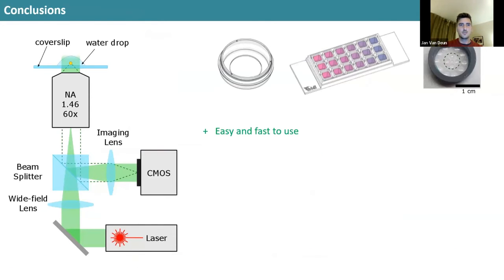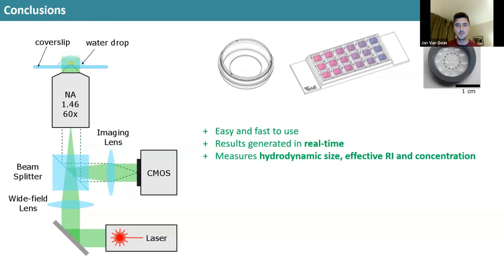All right, so just to summarize, the INTA is just as easy and fast to use basically as the NTA. Right now we get the results, or at least Vahid's team developed it so that we get the results in real time. It's also similar to NTA. It can measure the hydrodynamic size, but also the refractive index and the concentration of particles.